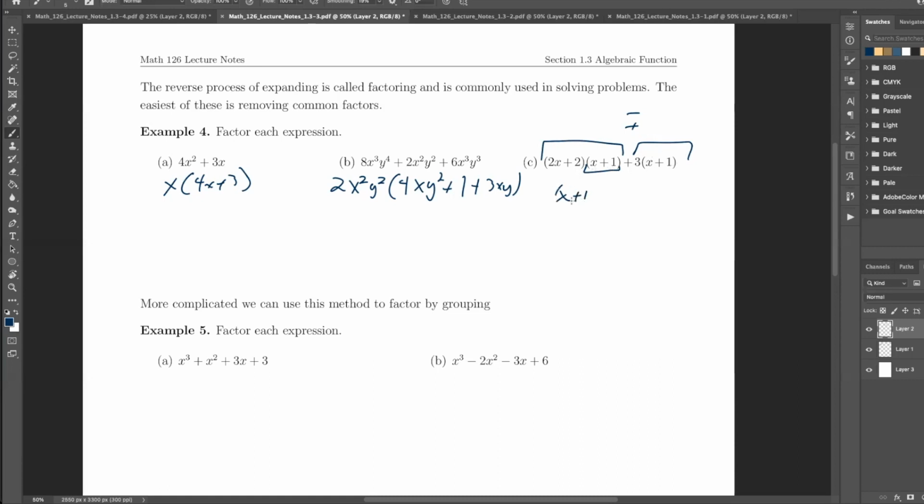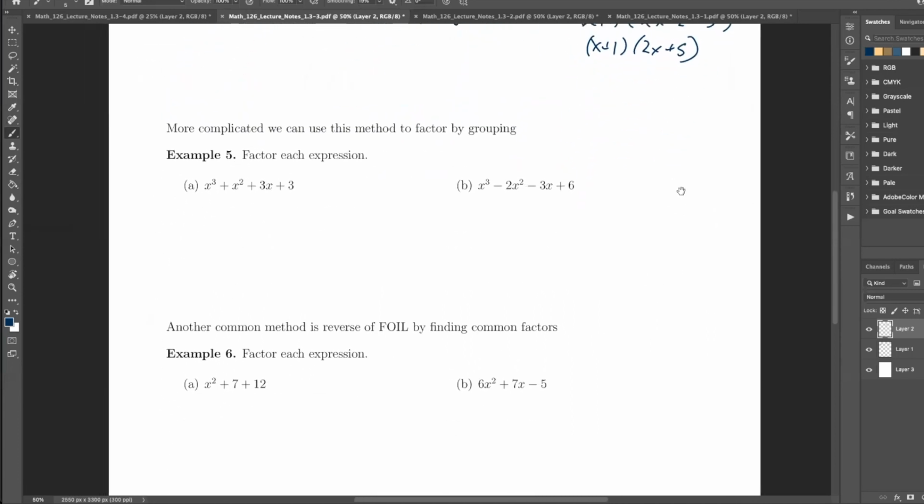So I can pull it out as a factor. And then I'll have 2x plus 2 plus 3. Here I can simplify this to x plus 1 times 2x plus 5. Okay, so we can use these ideas to do more complicated problems.